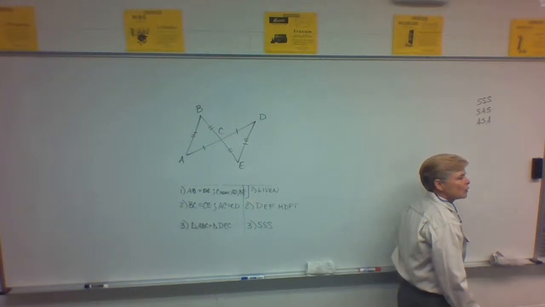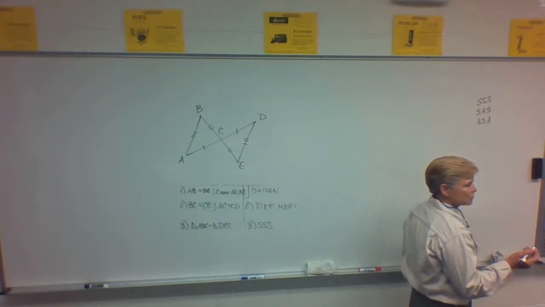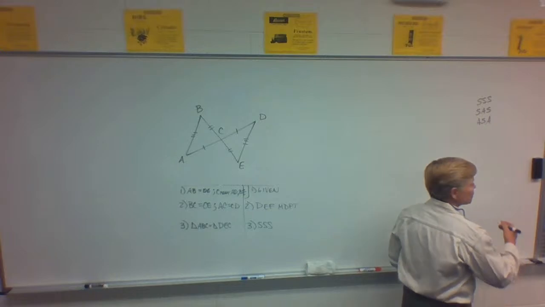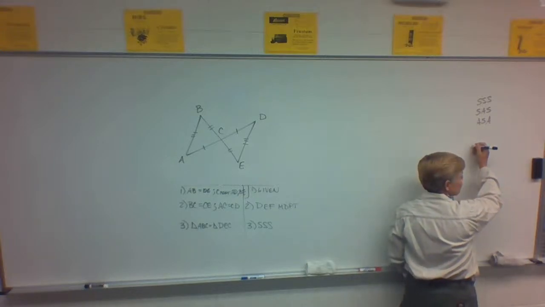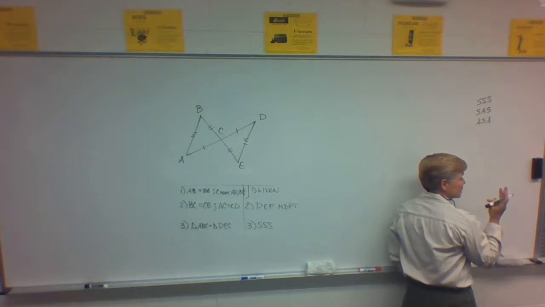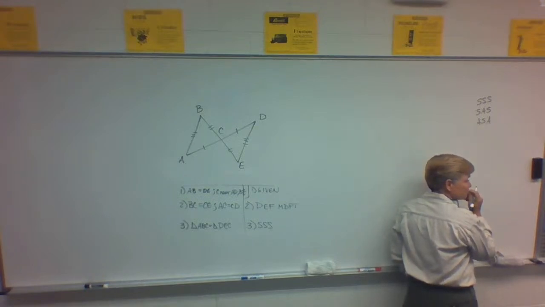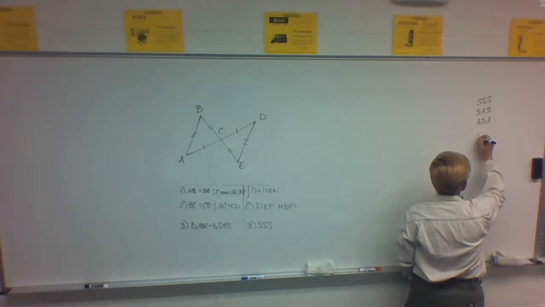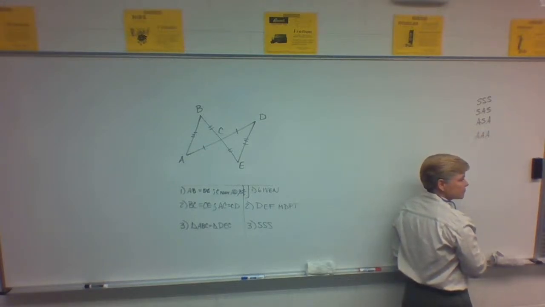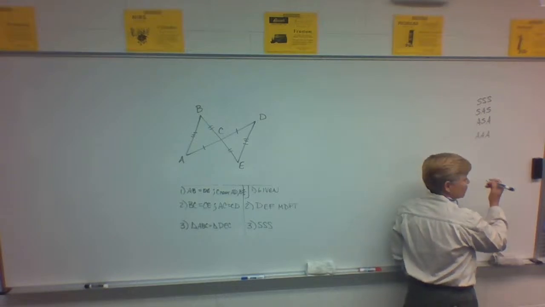So can you help me figure out the other combinations that we haven't considered yet, so that we make sure we consider them all? You think of another one that we might have that involve A's and S's in threes in another combination? Angle, angle, angle. We're going to consider that one. What else? Angle, angle, side, she's saying.